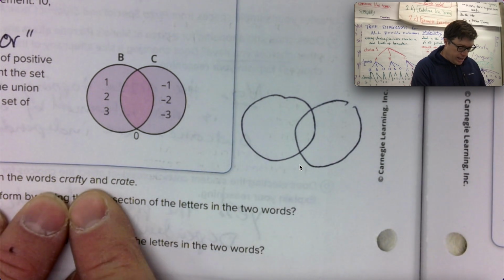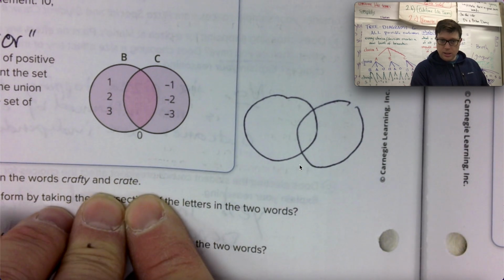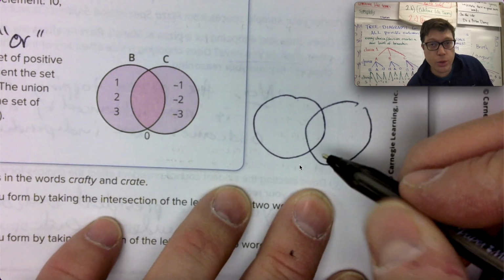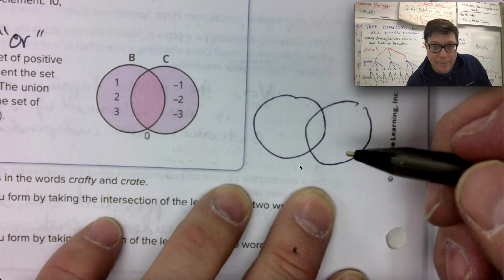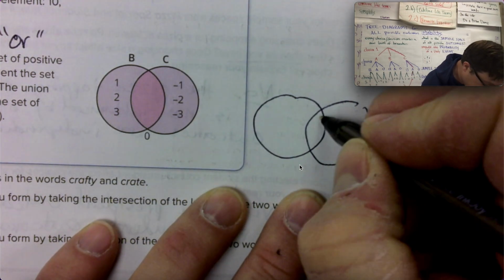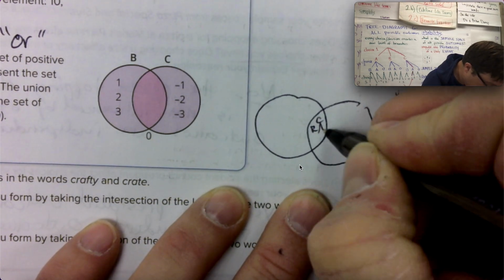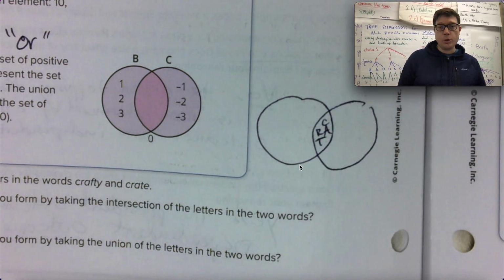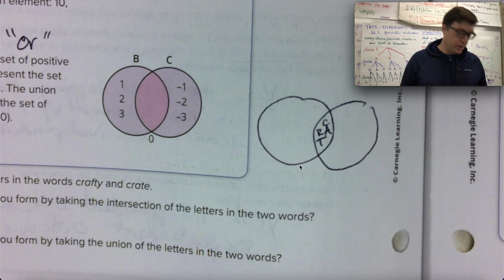C, R, A, and T are shared by both words. Those letters are going to go in the overlapping parts of the circles. C, R, A, T. Those are the 4 letters that both words have in common, so they need to go in the overlap.